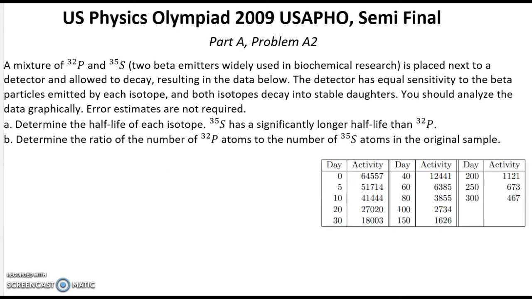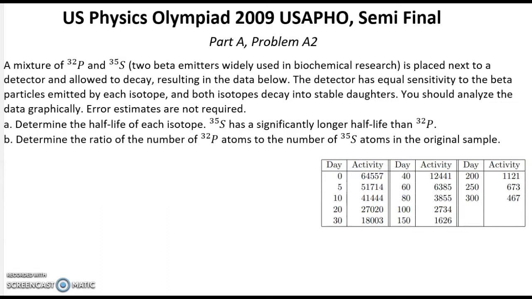Hello. Today we will discuss problem A2 from the semi-final of the US Physics Olympiad year 2009, USAPHO. A mixture of phosphorus-32 and sulfur-35, two beta emitters widely used in biochemical research, is placed next to a detector and allowed to decay, resulting in the data below.